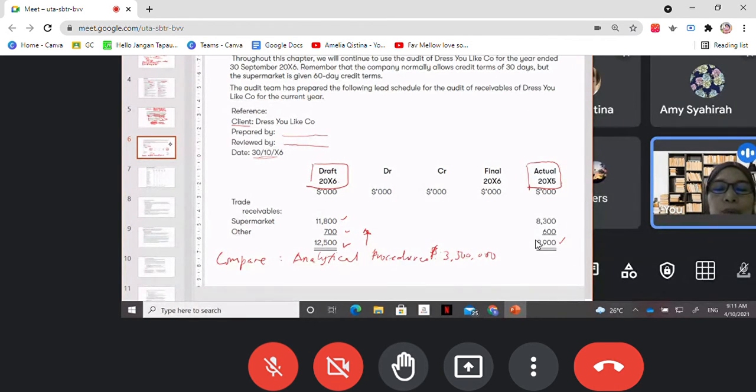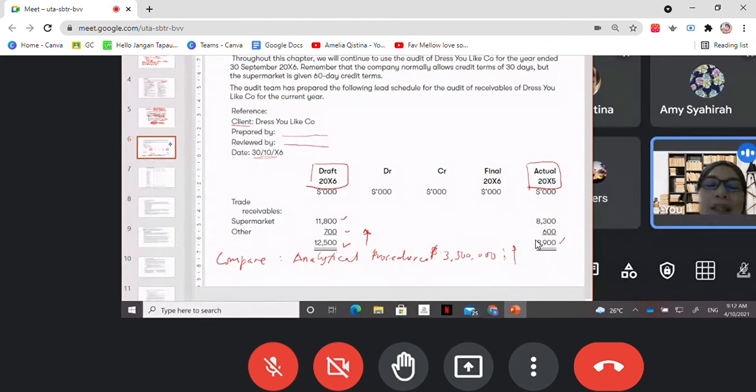So when you have this kind of situation, this is actually a significant increase, then you will have to look at the individual trade receivable balance.